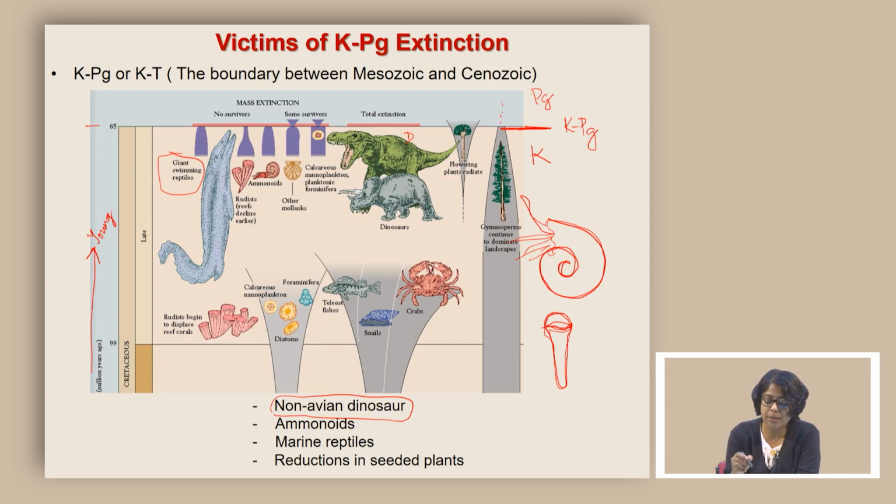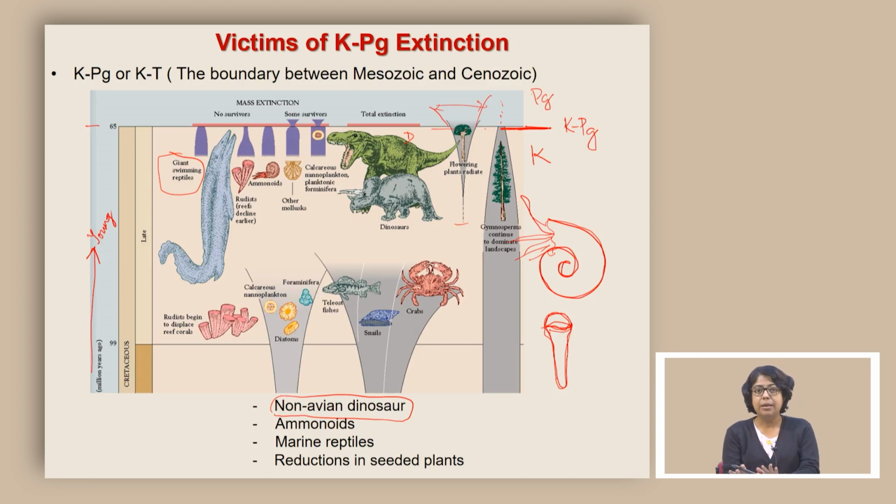On the other hand, the flowering plants appeared only in late Cretaceous, and they were not that abundant during this time, but after this extinction we find that they are basically radiating or increasing their diversity at a very high rate.